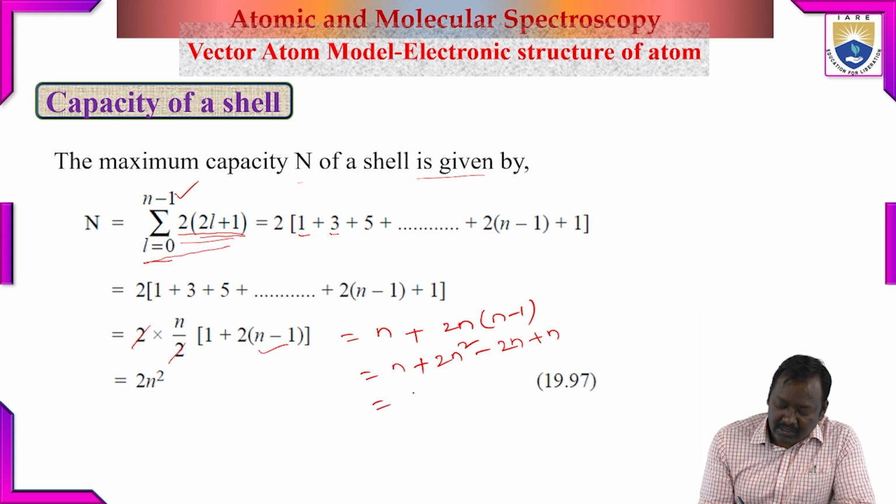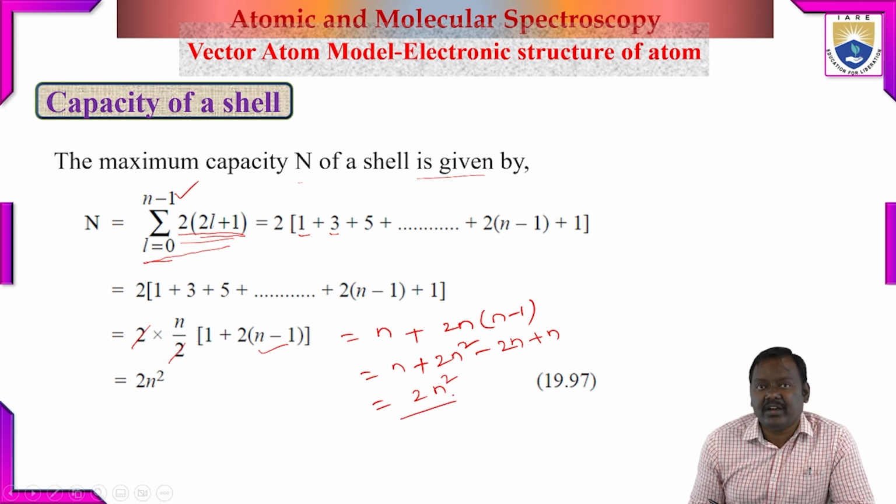So the total number of electrons in a shell having principal quantum number n is given by 2n square.